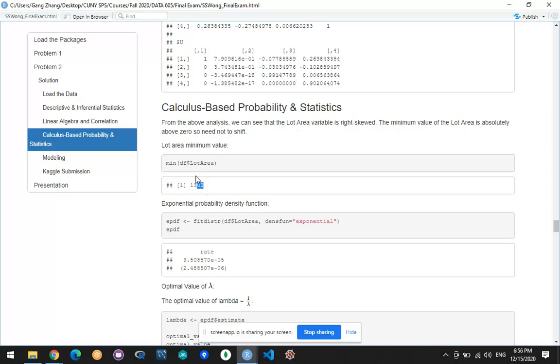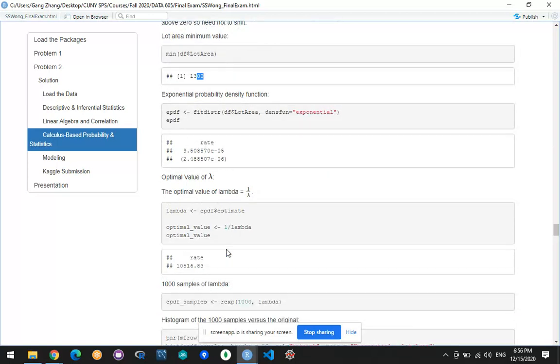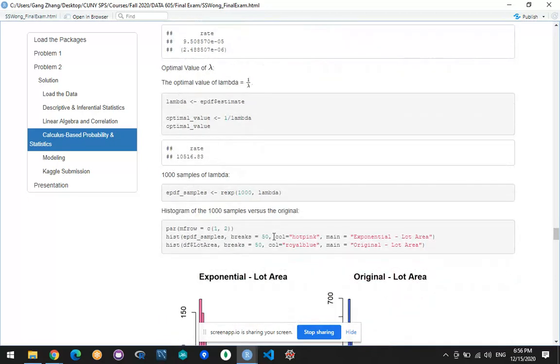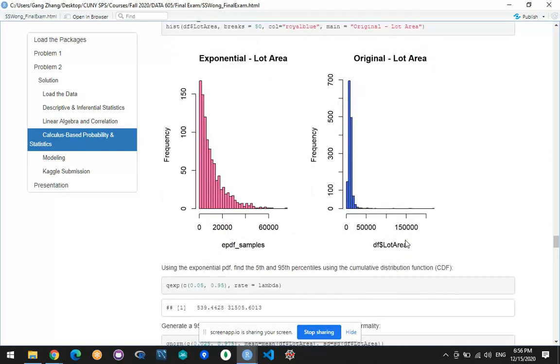As mentioned in the question, using the fitdistr function in the MASS package to calculate the exponential probability density function, the optimal value is simply 1 over lambda. We can see from the histogram of the 1000 samples that the lambda is much more spread out compared to the original lot area data.